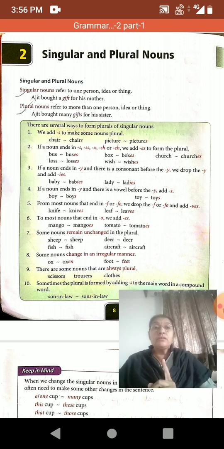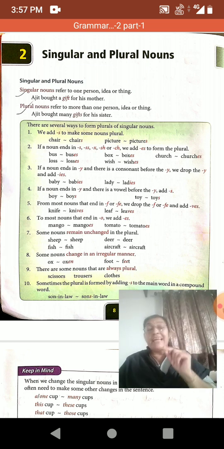What thing you have to remember? Spelling ends with s, double s, x, sh, ch, we add es. Then it becomes plural. See, bus ends with s, so we use es, buses.